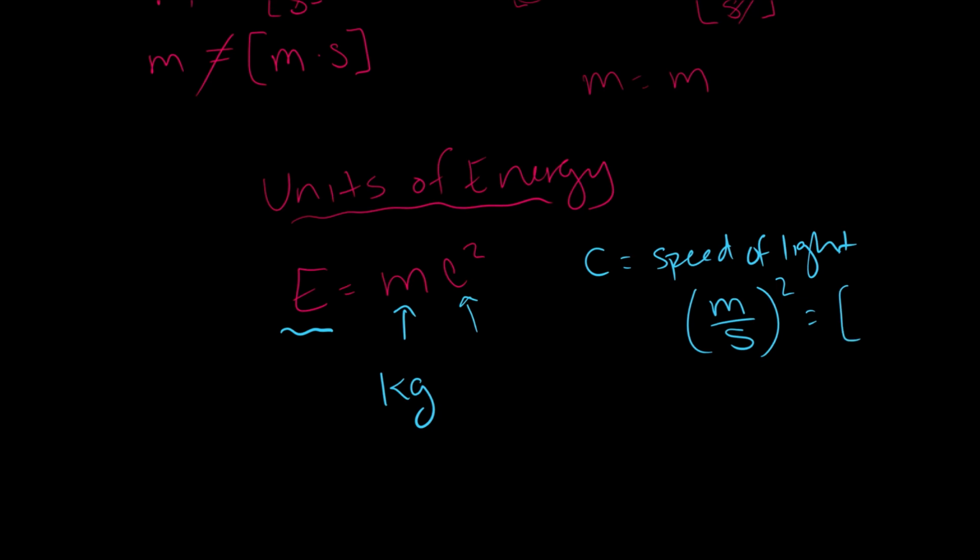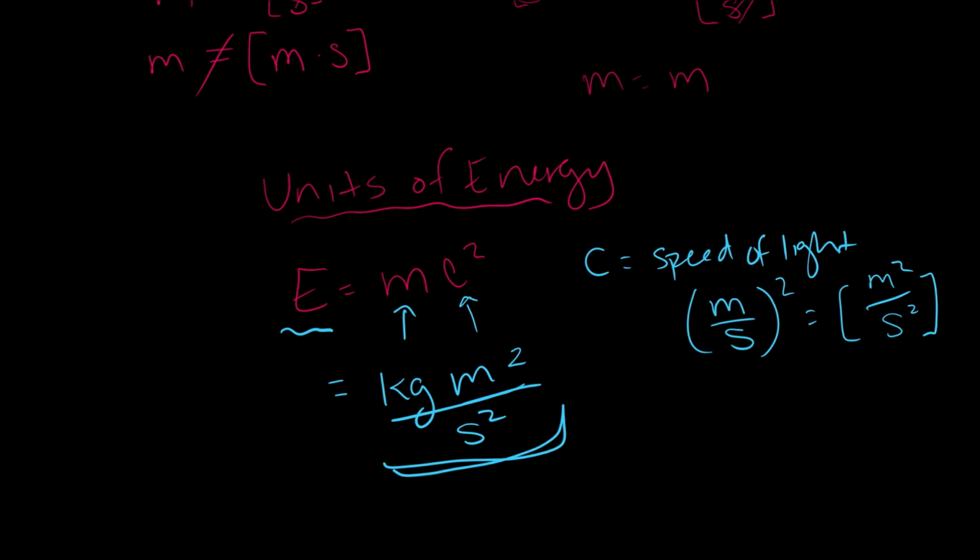So our units of c squared are going to be meters squared over seconds squared. So the units of E are kilograms meters squared per second squared. That is the units of energy. So kilogram meter squared over second squared. That also is equivalent to 1 joule, but that's just some extra information.